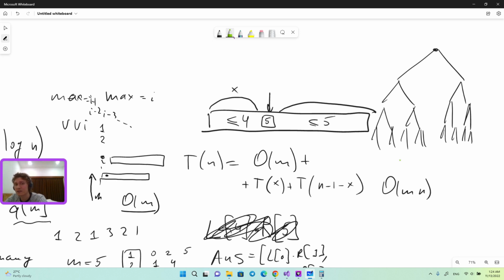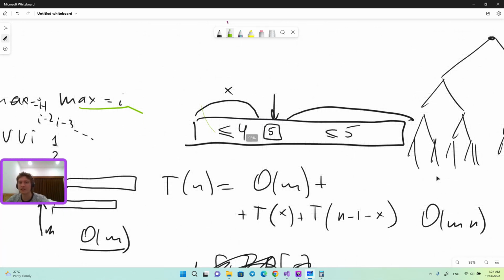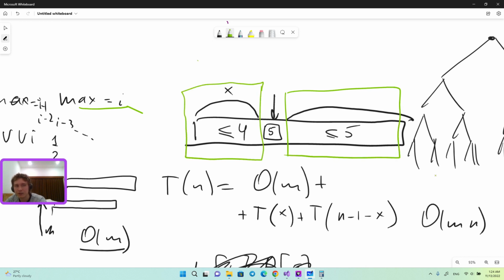So assume that you have divided this segment into two segments, bigger one and smaller one, and you have some auxiliary array. So let's, in time O(x), so of the smaller one, construct this auxiliary array. And what do we do for this? We just simply remove all these elements from the auxiliary array.